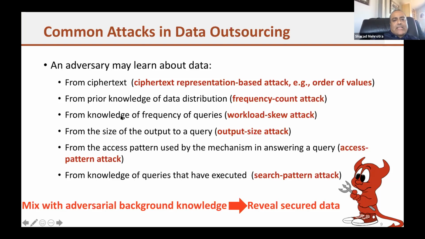when we reveal certain aspects of the data through such attacks, for it to be harmful, usually the adversary has to have background knowledge, and then that will reveal a secured property or whatever it might be that you are trying to hide.